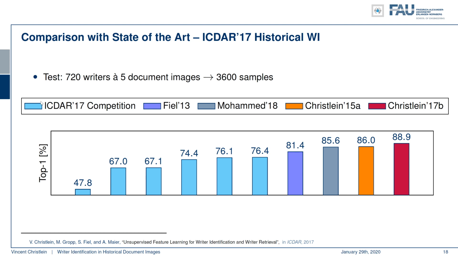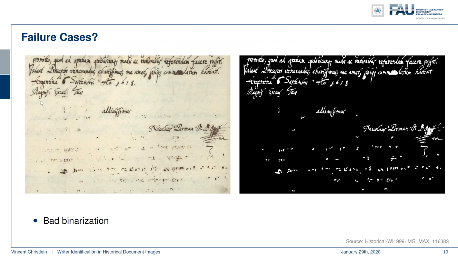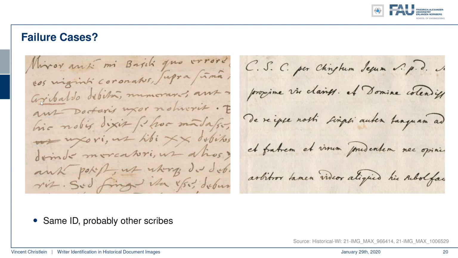And so I don't want to show you more, just some more failure cases actually, because these are the interesting things. It seems that the binarization here, because I use the binarized images, has quite a big influence on the recognition results. And also there are some samples which were obviously wrongly labeled.